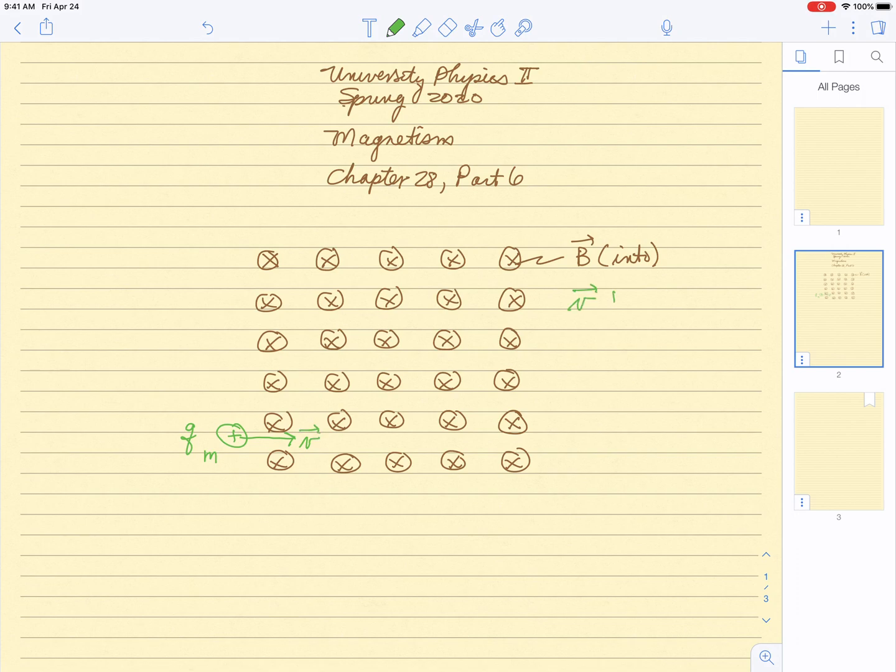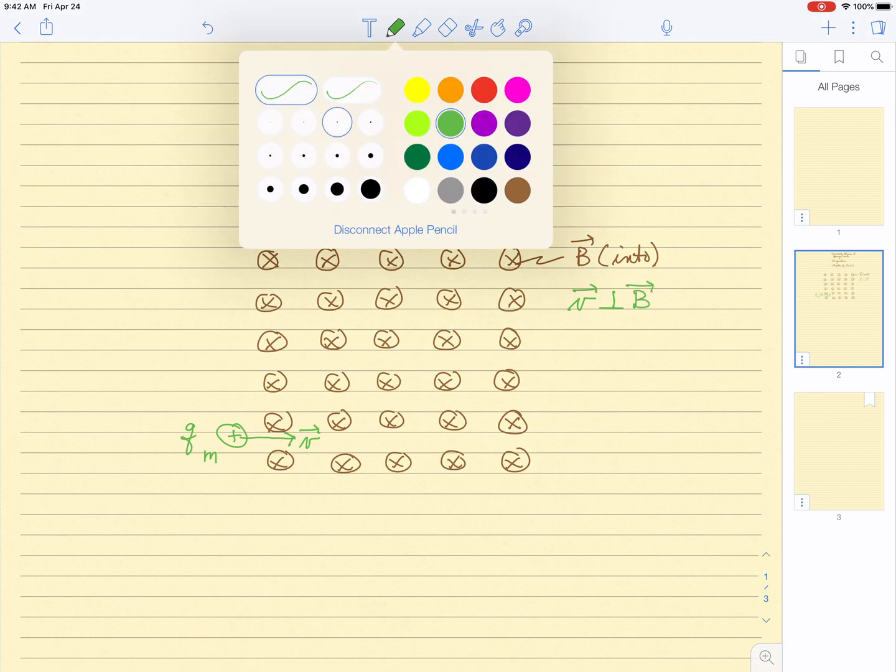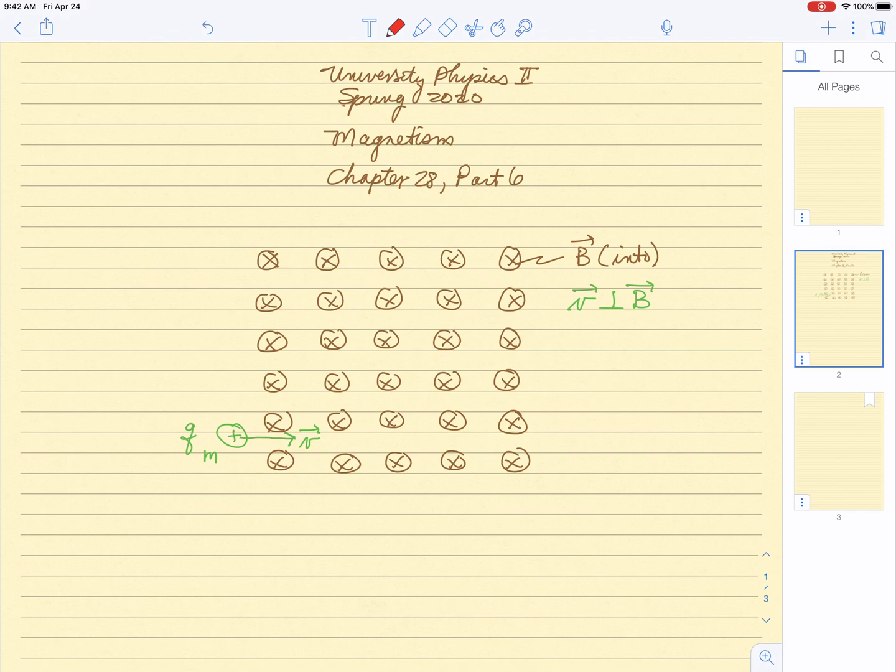The velocity vector is going to be perpendicular to the magnetic field vector. And experimentally, we determined that was a circular path, radius r. And let's look at the quantitative aspects of this.